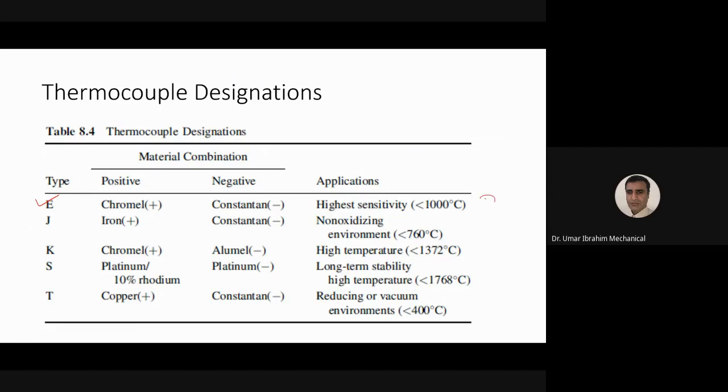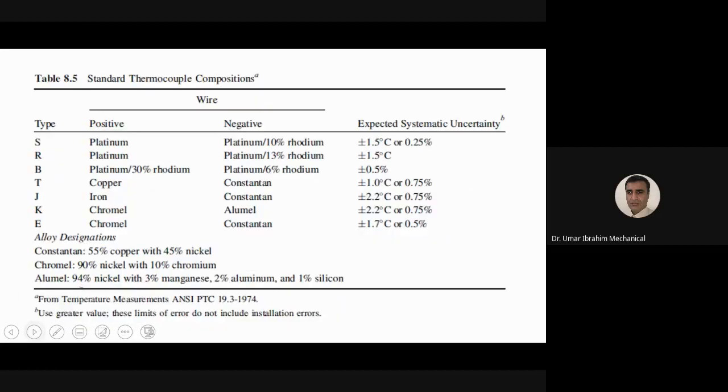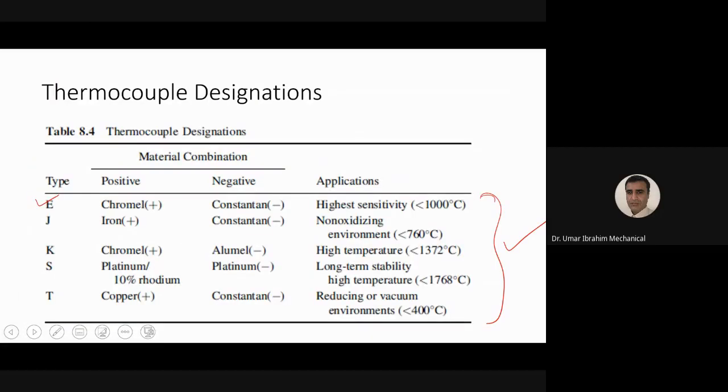So this table gives you an idea, apart from other things as well. E-type thermocouple has the highest sensitivity. J-type can only be used for non-oxidizing environments.